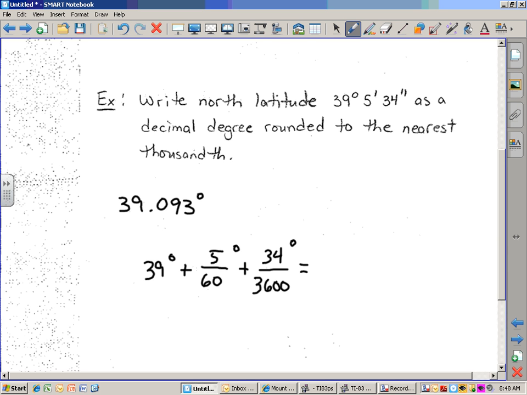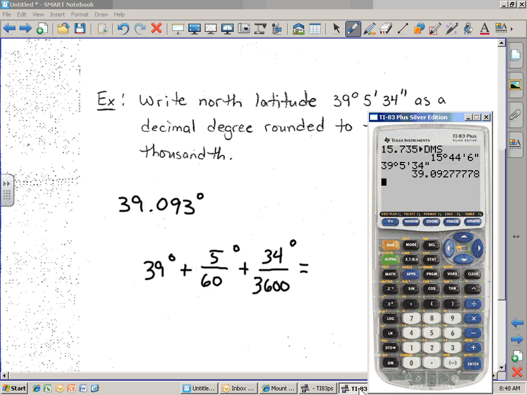So if we take the 39 degrees plus 5 divided by 60 plus the 34 divided by 3,600, which I'm just going to type into the calculator. You can do this by hand. It takes a little bit longer without the calculator.